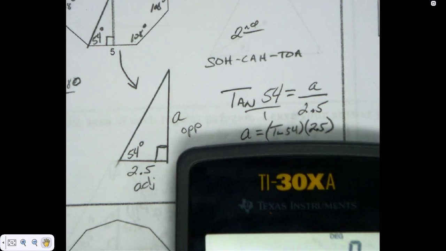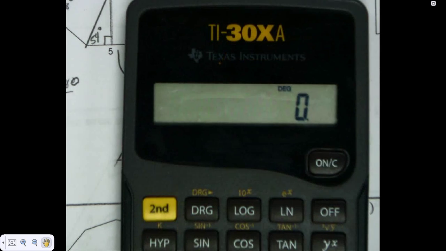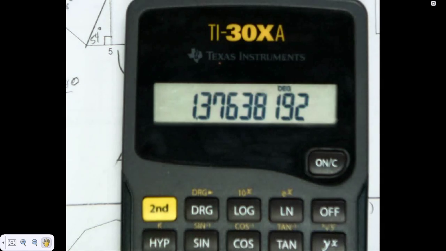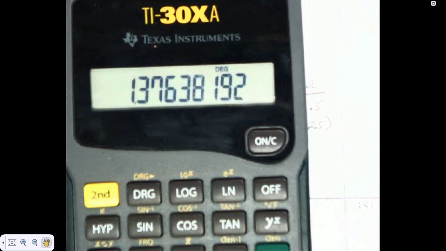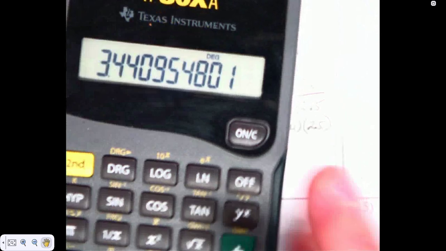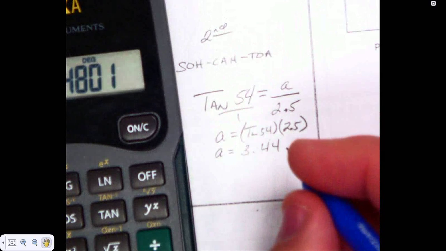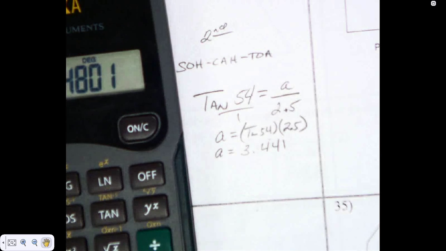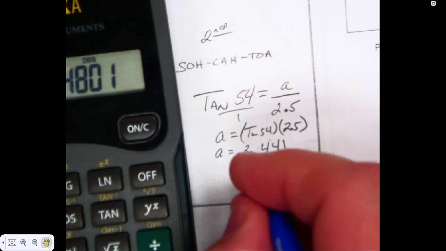So here you need to go 54 tangent times 2.5. So 3.44. 3.441, right? And 3 is probably enough.